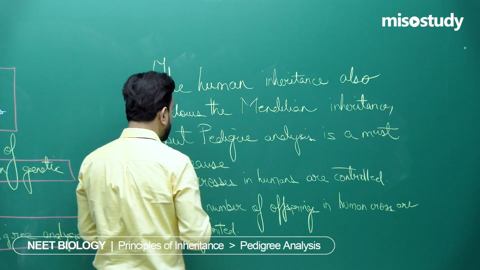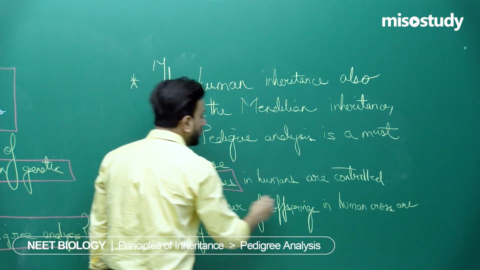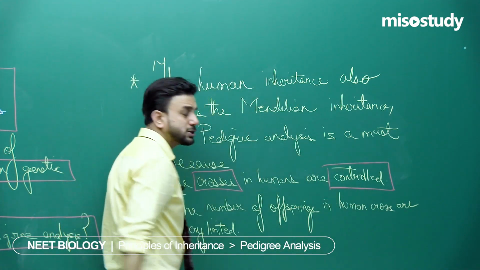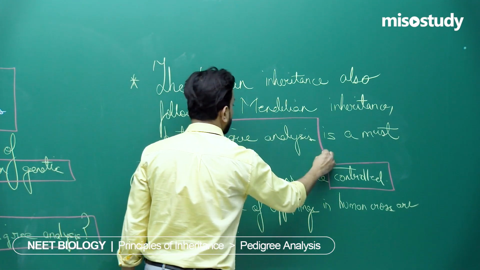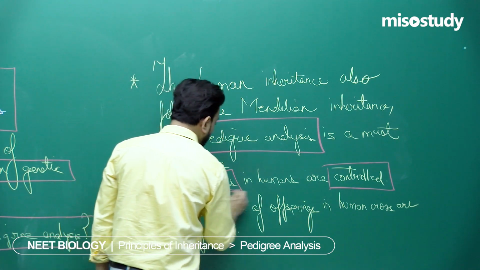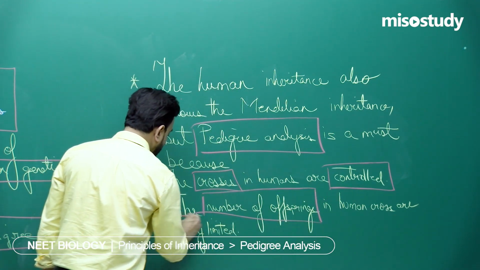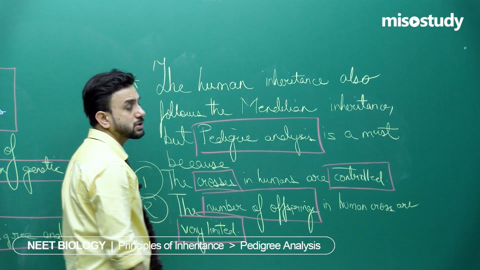So the crosses in humans are controlled is one of the major factors why we need the pedigree analysis in humans. And the second one, the number of offsprings in the humans is very, very much limited.